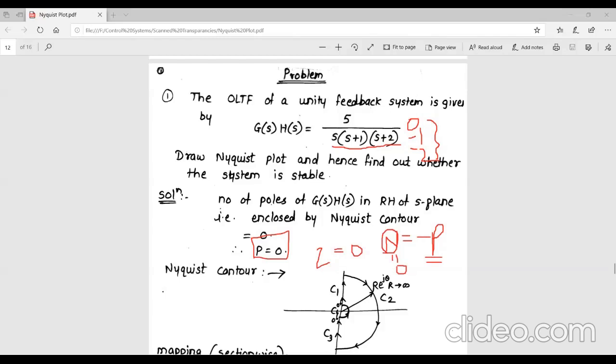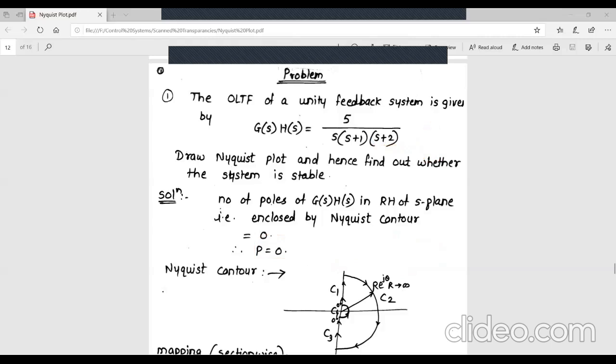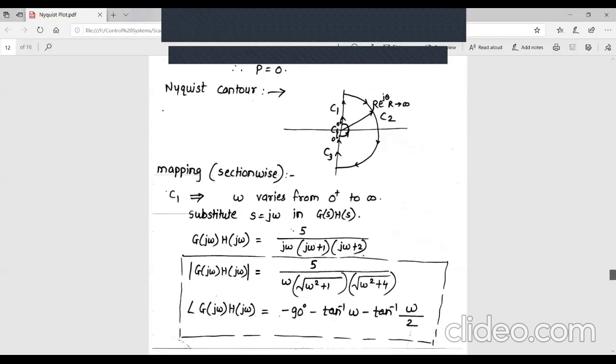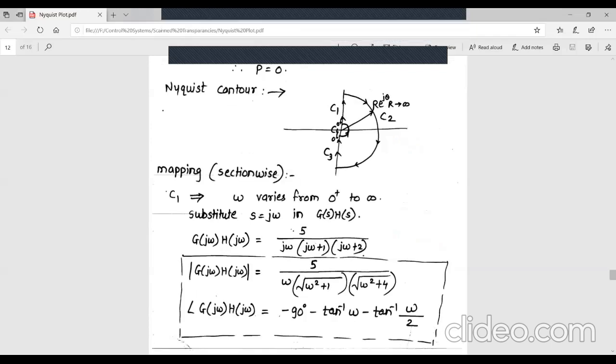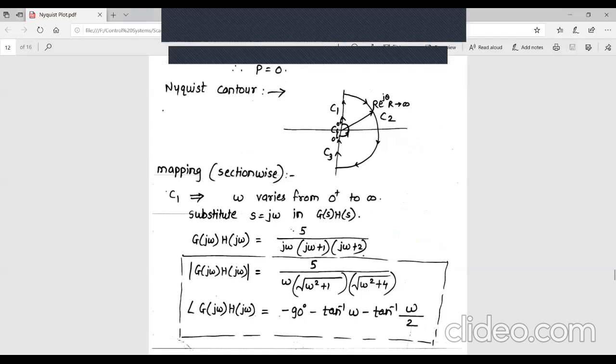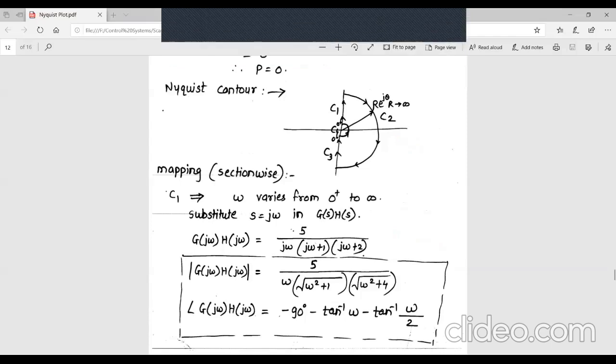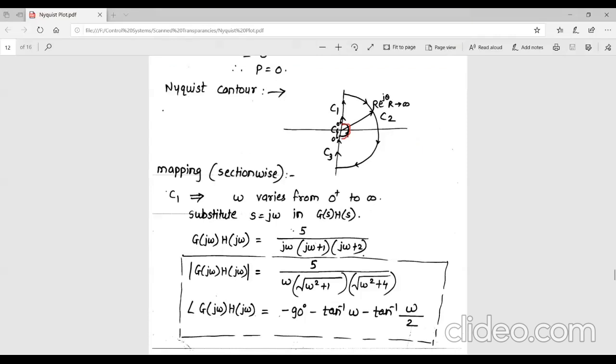Okay. So now the next step would be to decide upon the Nyquist contour. We know that the right half of the s-plane is assumed to be the Nyquist contour, and we need to skip the singularities. So this is the Nyquist contour in front of us. This Nyquist contour, if you observe, will skip the pole at the origin, and so we have a smaller semicircle here. Then we have 4 sections that we have named.